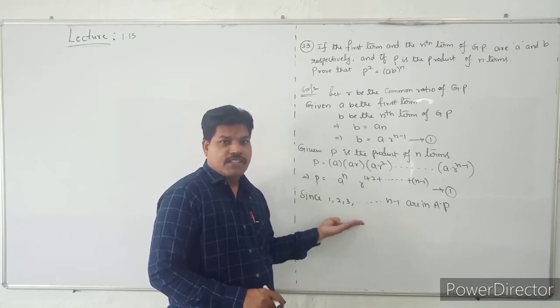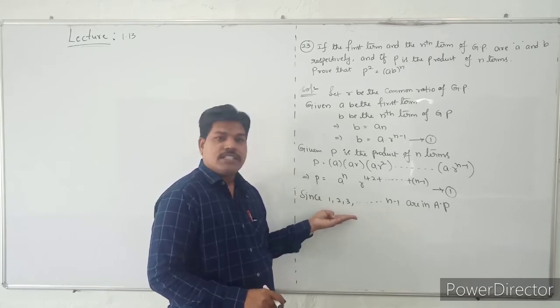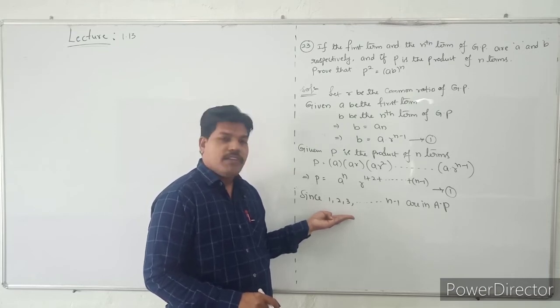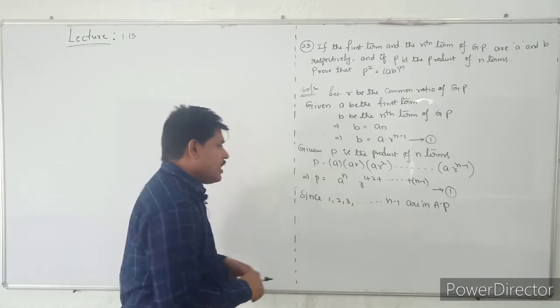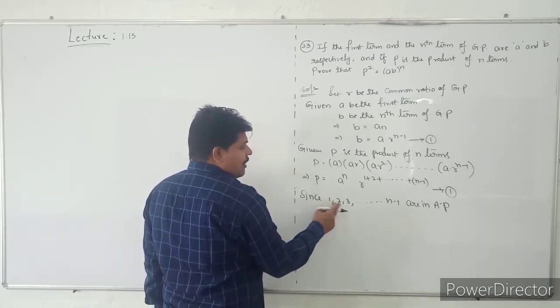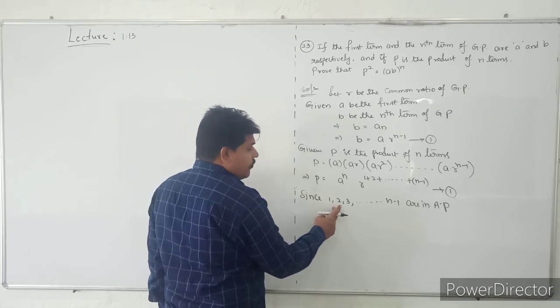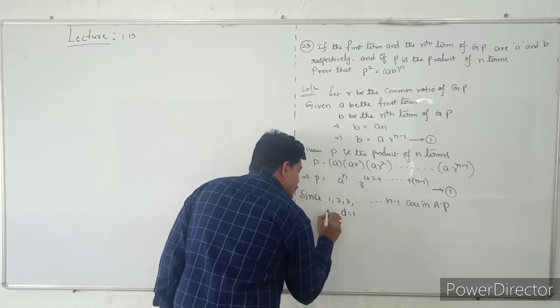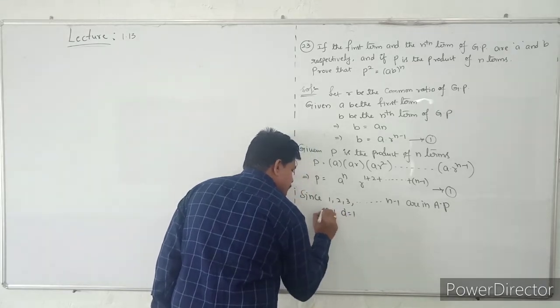That means the common difference is the same, so the sequence is an arithmetic sequence. Here the first term a is 1 and the common difference d is equal to 1.